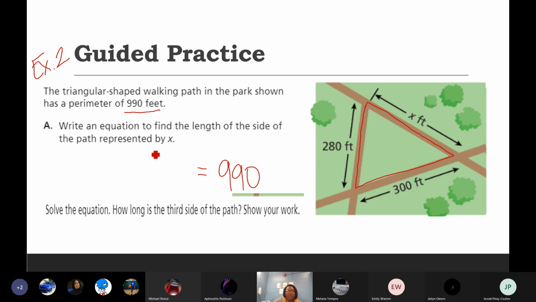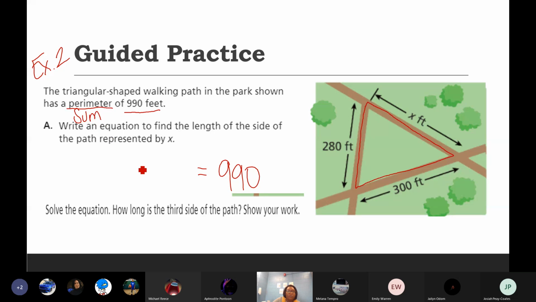So I kind of already gave you the answer about what operation we'll be using. Will we be adding, subtracting, multiplying, or dividing? Remember, perimeter is the sum of all sides of a shape. Adding.